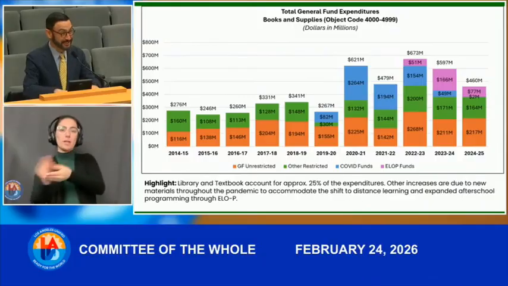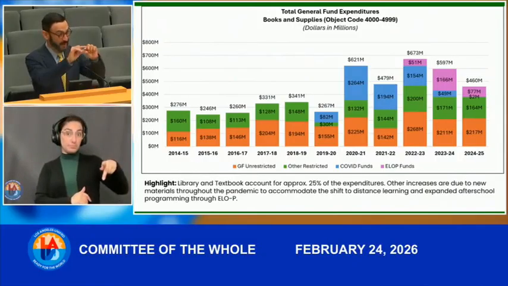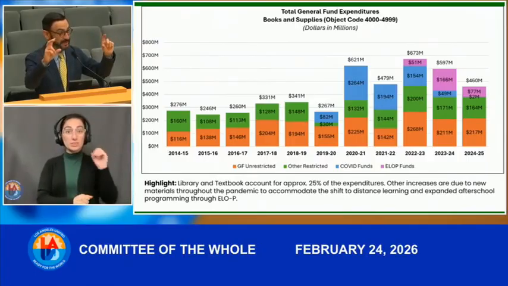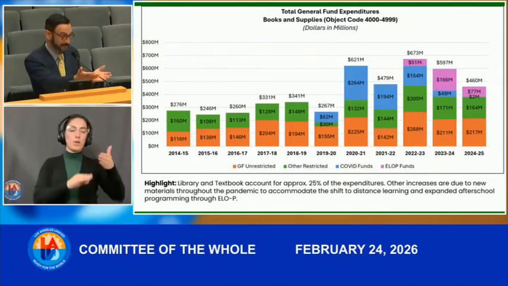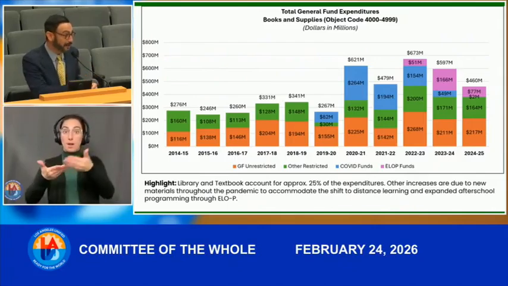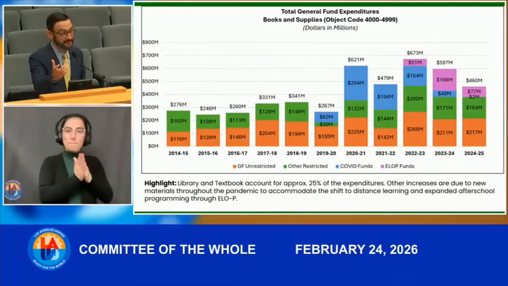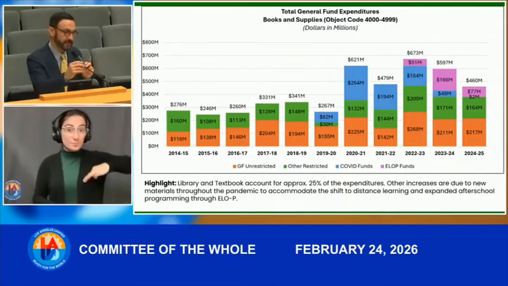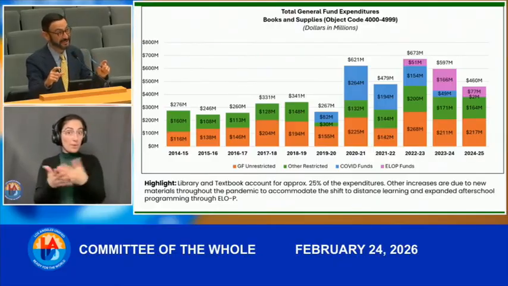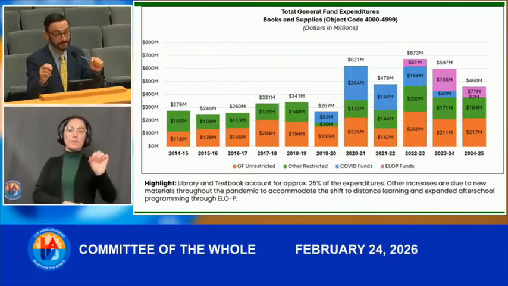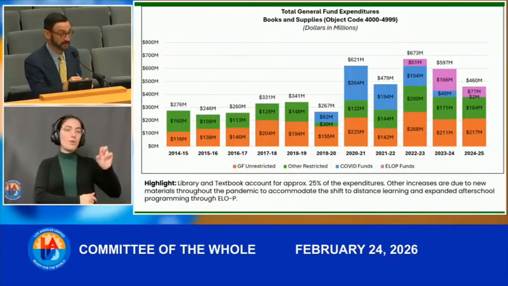And the fiscal stabilization plan that was updated most recently in December had one of the lines being the impact of the carryover. A large portion of the carryover, as you point out, is from underspend in budgets for books and supplies. The financial benefit of that underspend is already reflected in the fiscal stabilization plan because of the assumption that carryover in the general fund school program would be zero.